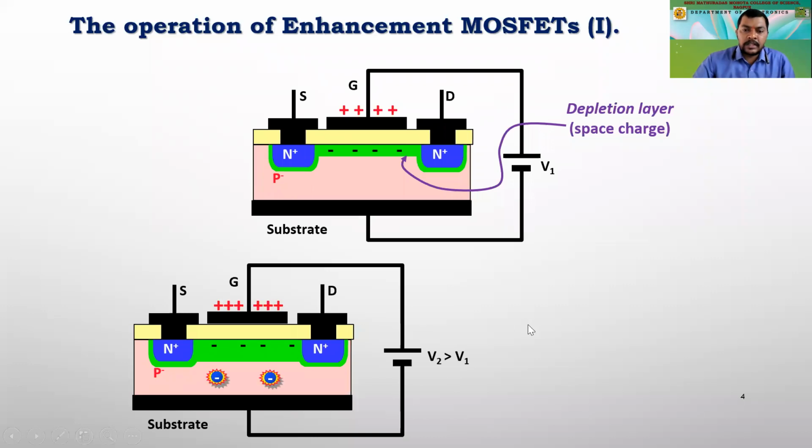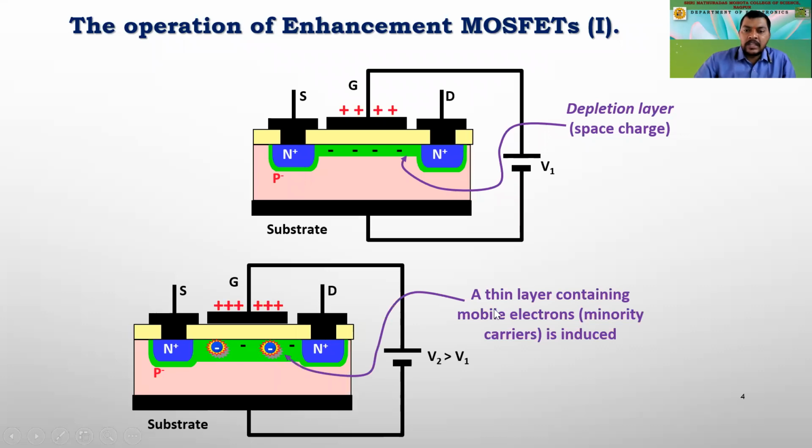So if V2 is greater than V1, then the depletion layer will increase and negative charges will come across here. And these negative charges from the battery, if you increase that, are going to be deposited in this depletion layer, and this thin layer containing mobile electrons, minority carriers, is induced due to this increase in the reverse voltage across this.